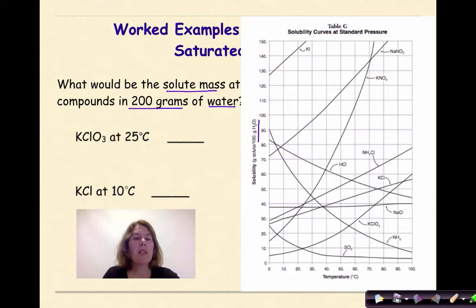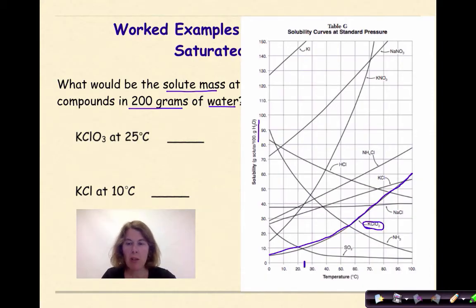In this case, it's potassium chlorate, KClO3. So let's find KClO3. Here it is right here, and this is the line associated with it. And it's at 25 degrees Celsius. Okay, so let's go down to 25 degrees Celsius.